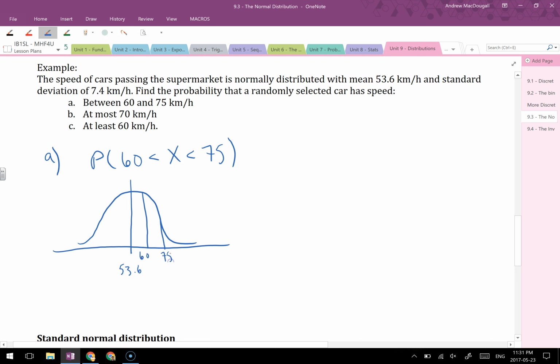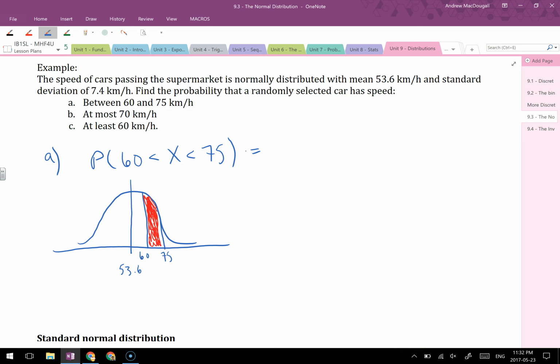Now, if I put this into my calculator, I'm going to do this on the side here. You should know how to do this if you've already seen the other video. It's menu, probability, distributions, normal CDF, between 60 and 75, the mean 53.6, and standard deviation 7.4.